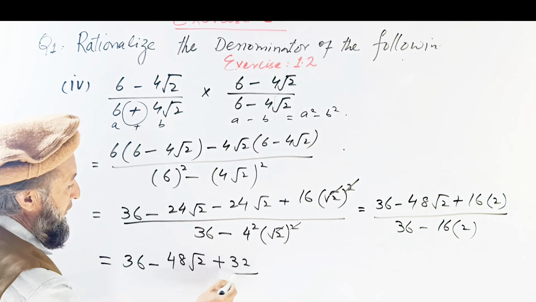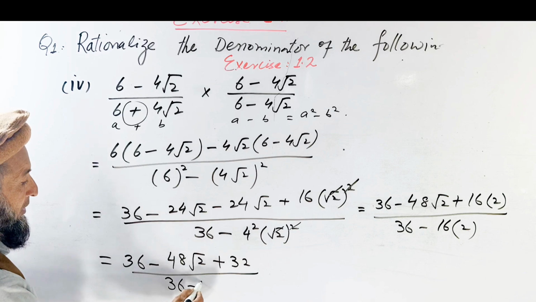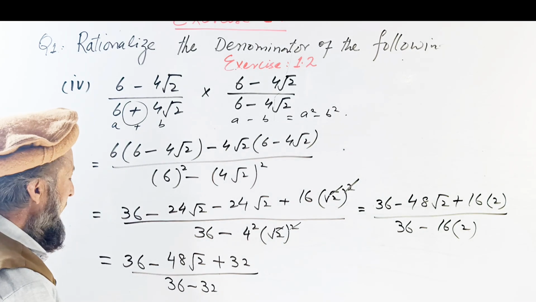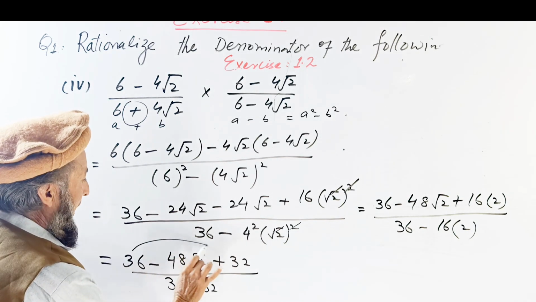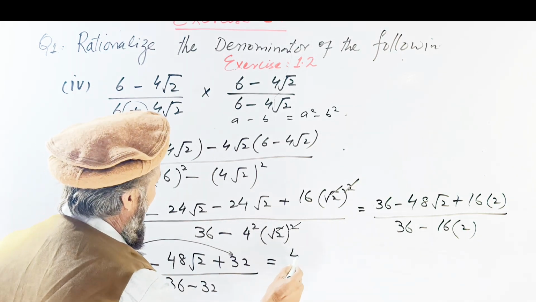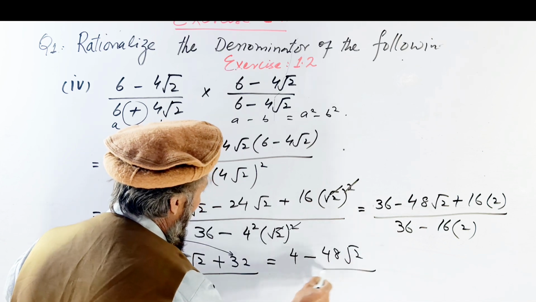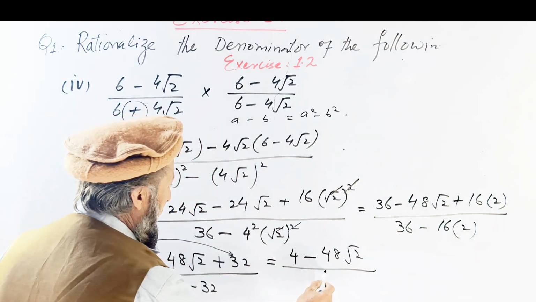And 36 minus 32. Now 36 and 32 are minus to each other, we get here 4 minus 48, 2 under the root divided by 4.